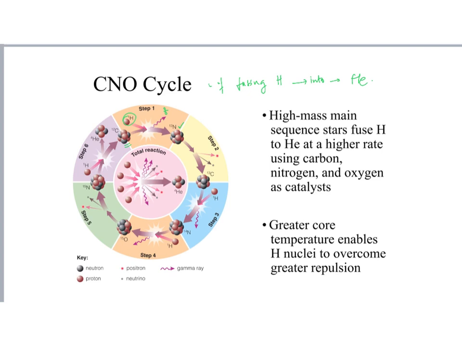Then this byproduct, the nucleus of nitrogen, is going to disintegrate into a different isotope of carbon, carbon 13, with the production of neutrinos and positrons. You've seen those particles before.